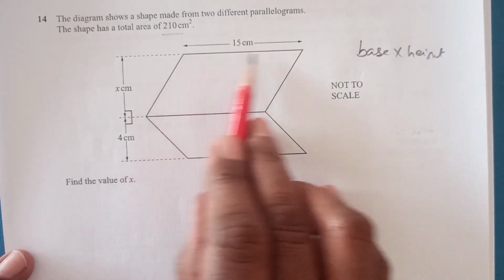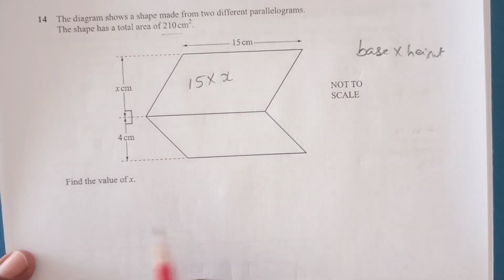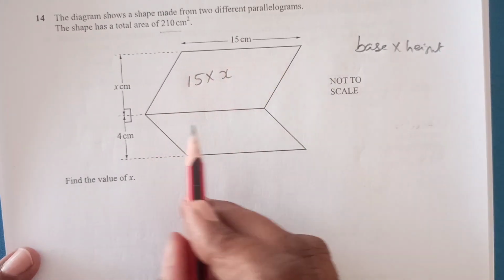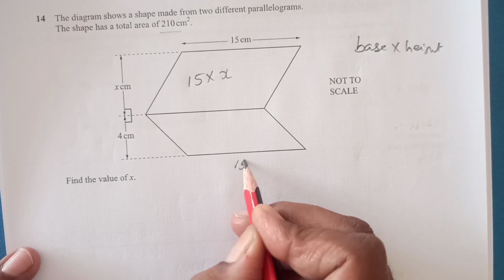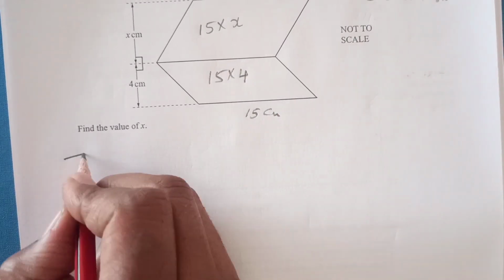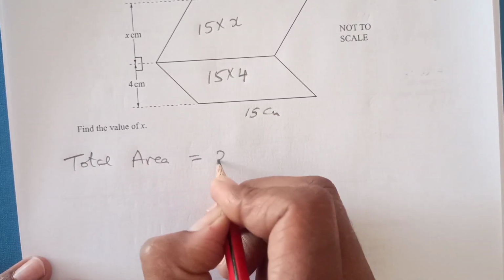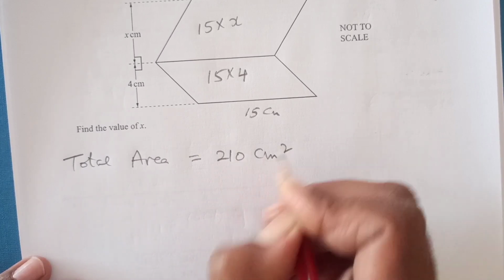So base is this one and height we are given 6 though, so it will be 15 times x. And for this one, if this is 15, this is also 15 and this is also 15, so this is going to be 15 times 4, that is 60. So total area we are given is 210 centimeters square.